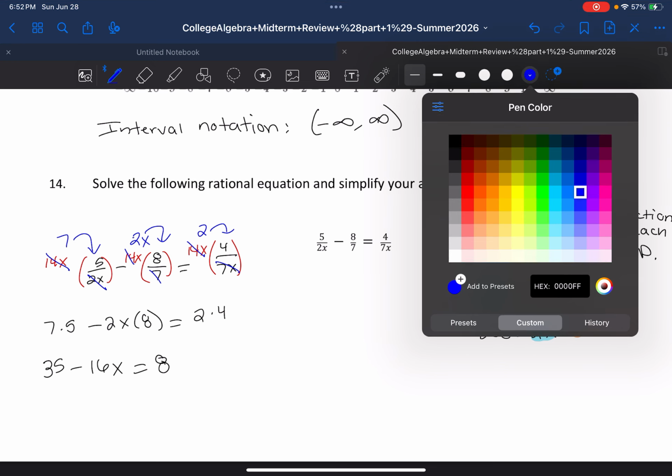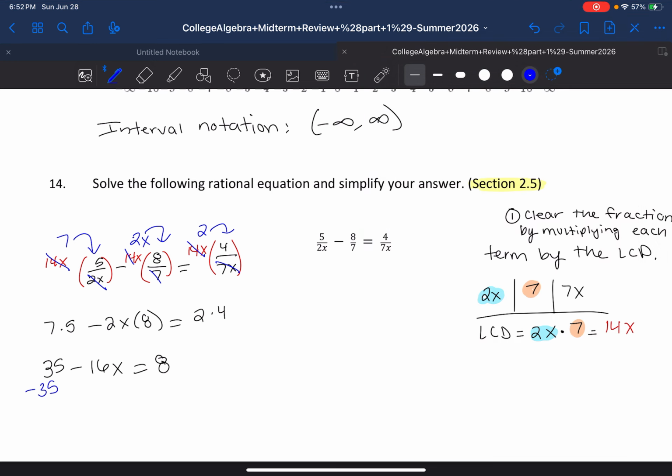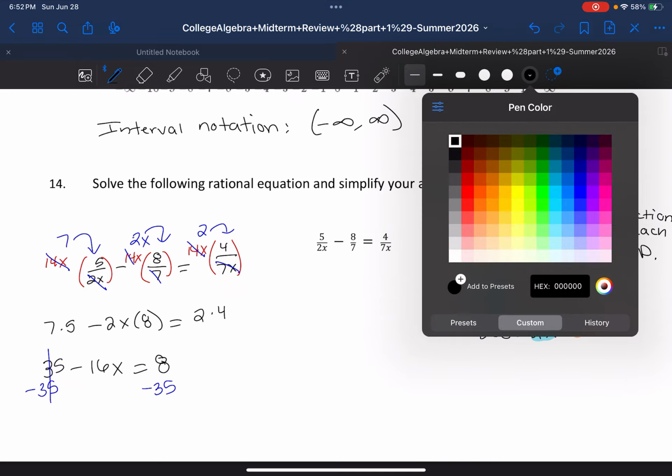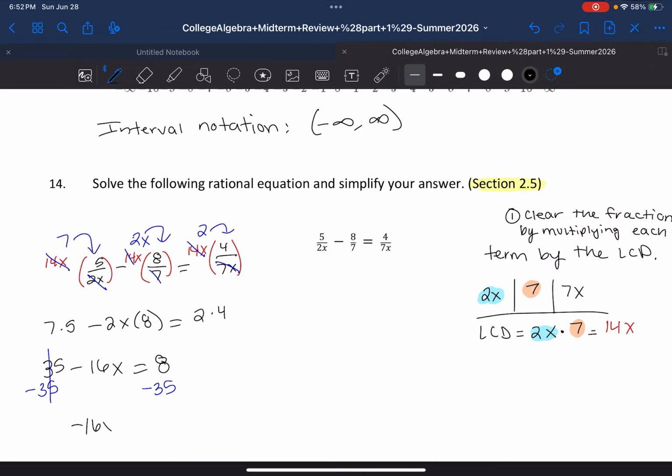And then I will subtract 35 from both sides to cancel it there on the left. And that will leave me with negative 27. Just make sure. Yeah, negative 27.